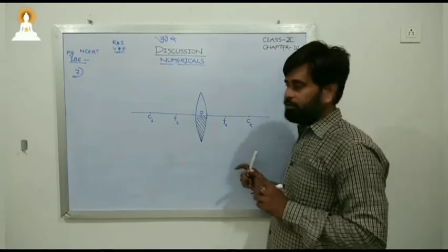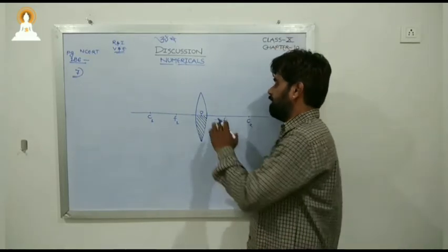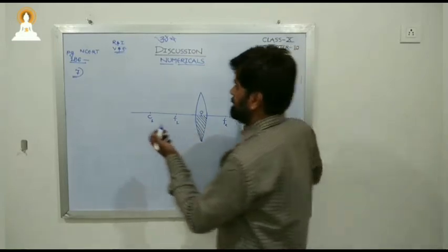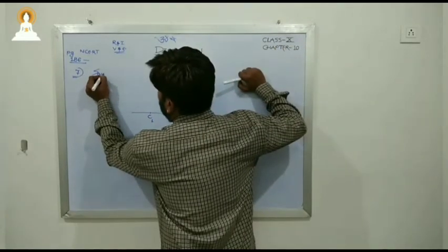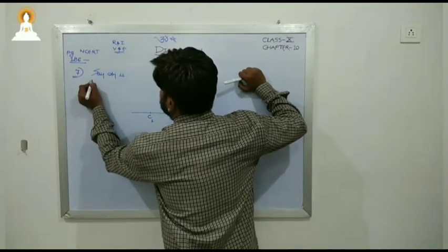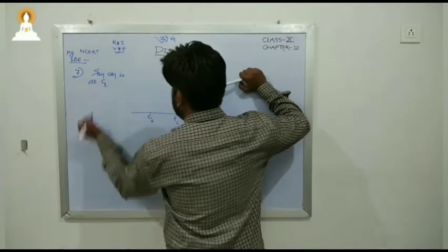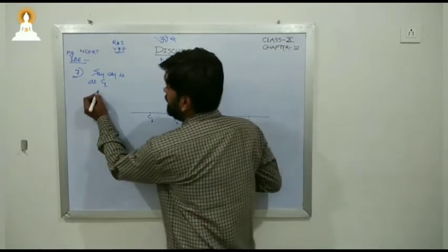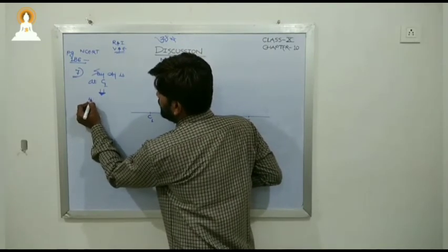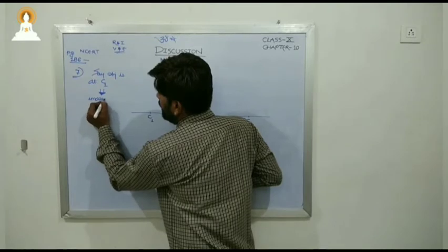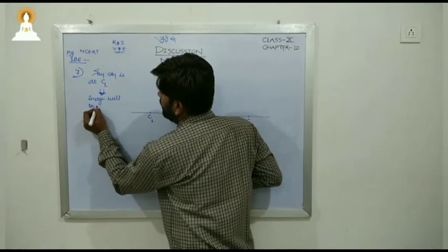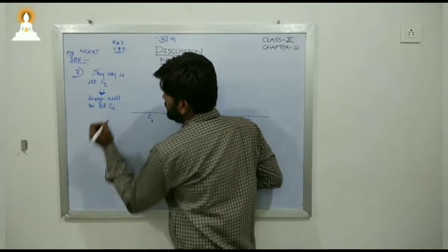For this, we have to consider one case in which we are confirmed with the exact position of the image. So let us say object is at C1. If object is at C1, then it will imply that image will be at C2.